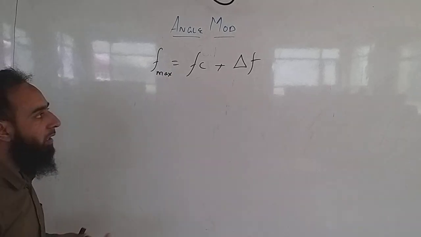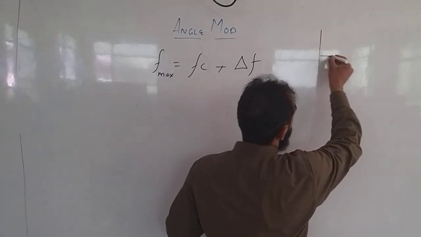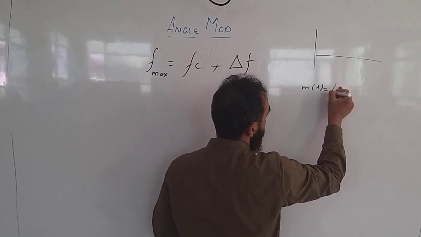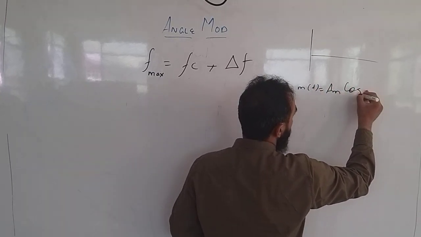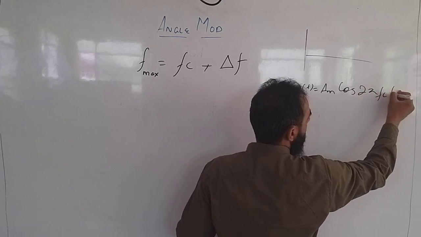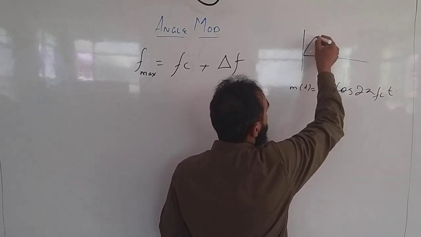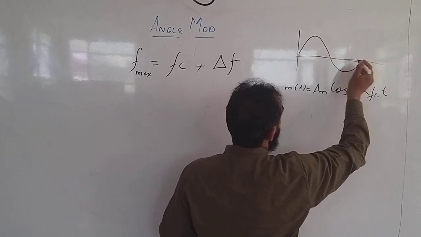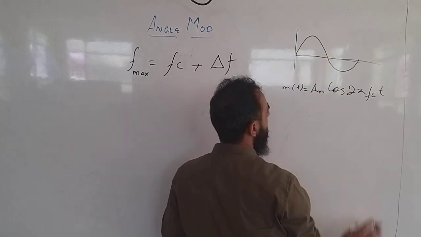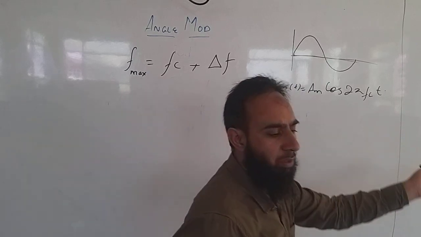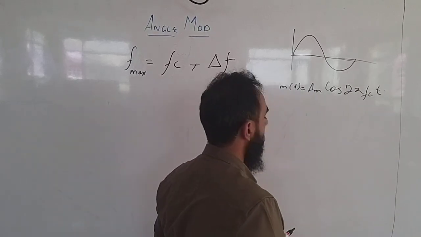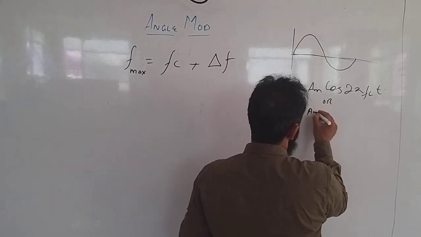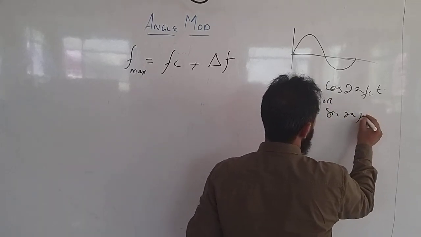Now देखो, imagine your m of t be equal to Am cos of 2 pi fm t. Okay, although for cos I might start from here, but that's okay. For sine and cosine this is okay. You can take it as Am sine of 2 pi fm t also, as you like.